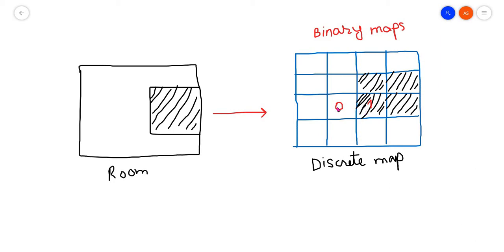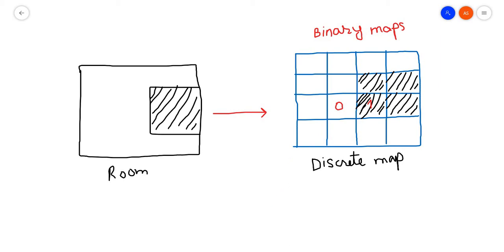For example, 0 means not occupied, 0.5 means there is no knowledge, the robot is not sure whether there is an obstacle or not, and 1 means 100% surety that there is an obstacle. But for simplicity, we shall only consider binary maps here, 0 or 1. So it means an obstacle is present or not present.